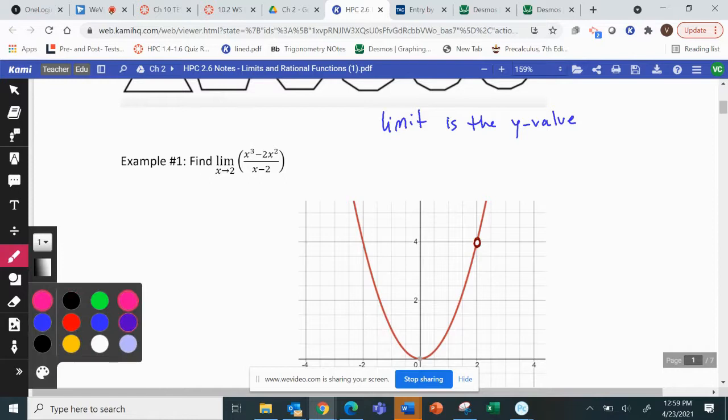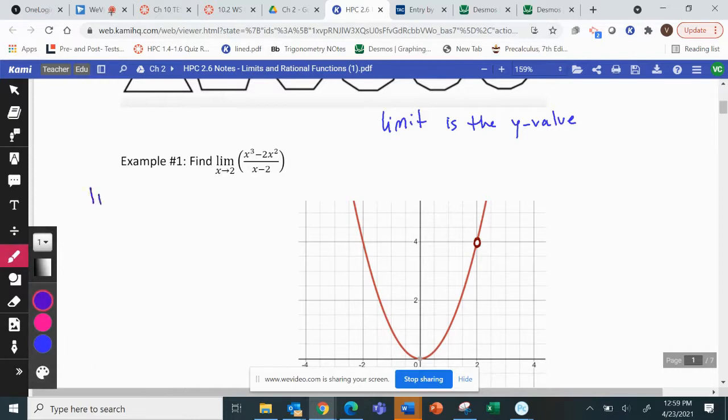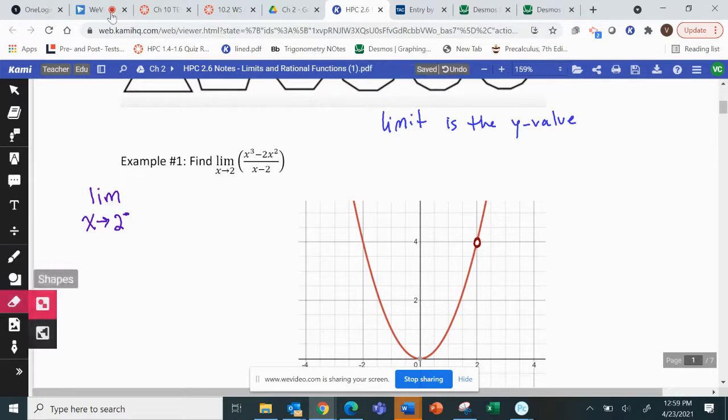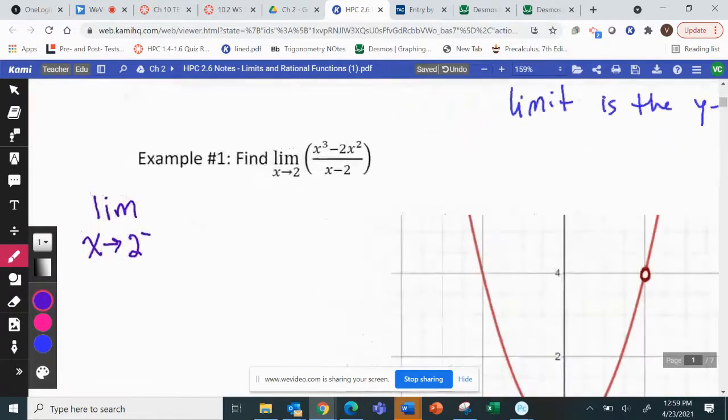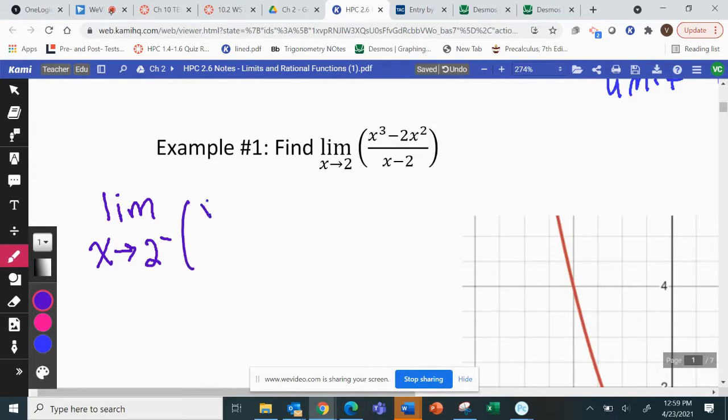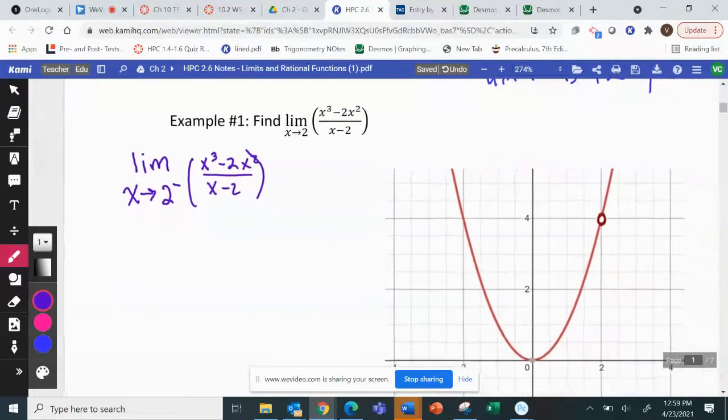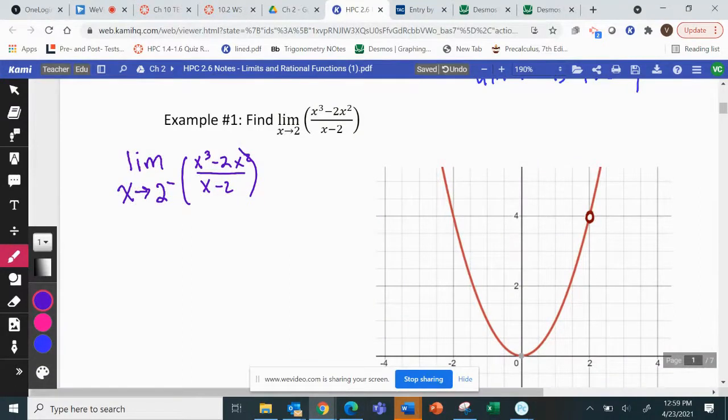with my graph right now, I'm going to look at just the limit where x approaches 2 from the left. And to say from the left, I put a tiny little negative sign that looks like an exponent, but it's not. I'm just going to use my picture for this, but we won't always have pictures. So I'm going to start at the left and go through my x values.